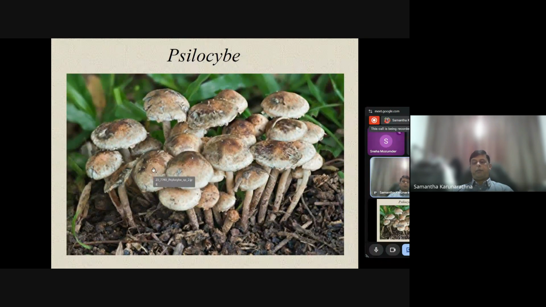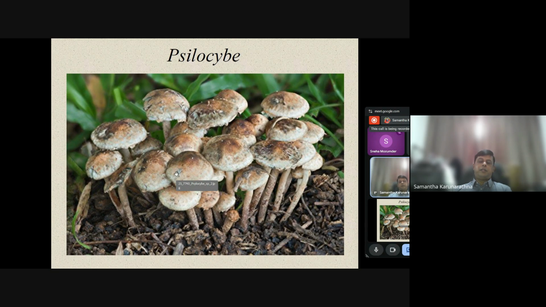Psilocybe, or the magic mushroom. So Psilocybe has a bluish black spore print. And when you bruise the cap or stipe surface, you can see it goes blue. Depending on how quickly this goes blue, it indicates how strong this magic mushroom is.